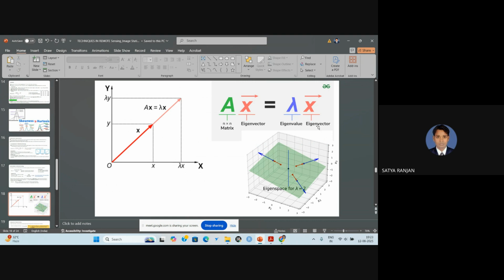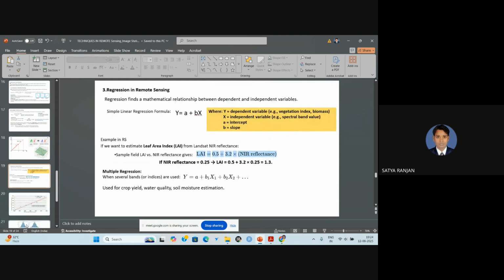In remote sensing satellite images, during correlation analysis and principal component analysis, we rotate the image into different dimensions to get different information. During this movement across dimensions, the eigenvectors are stretched or squeezed, and this amount is calculated as the eigenvalue. So it is basically used in principal component analysis.